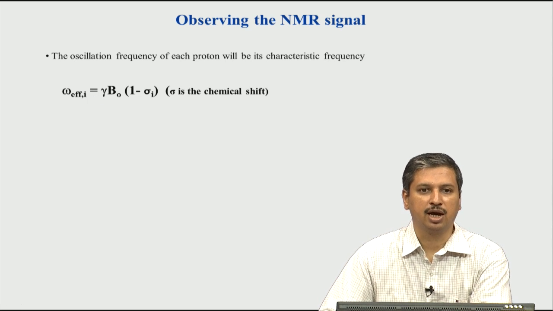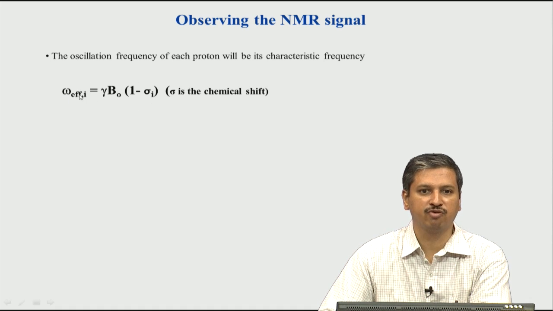Ethanol has CH3, CH2 and OH. Each of these hydrogens, CH3, CH2, OH, will have a slightly different chemical shift from each other, and because of that all of them do not see the same B0 field. They experience a slightly different B0 field, and that is what is captured here.